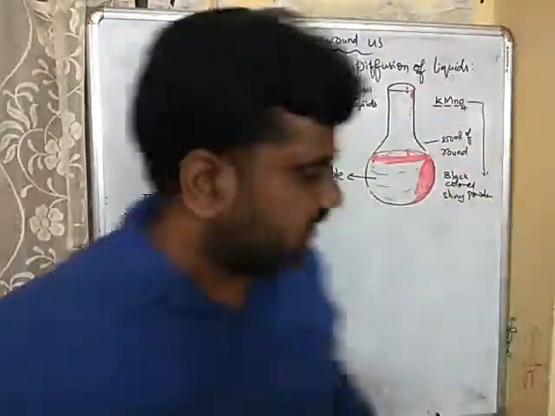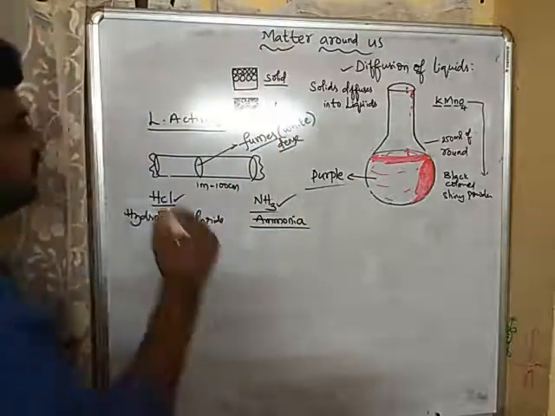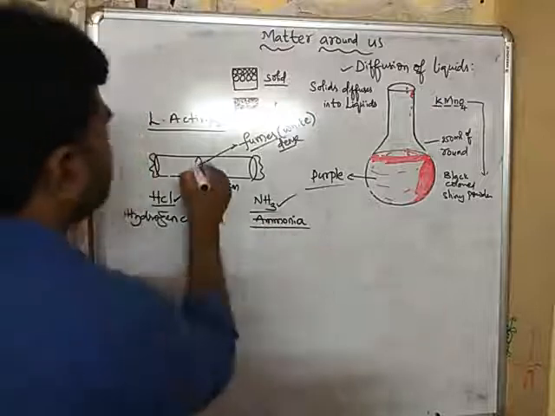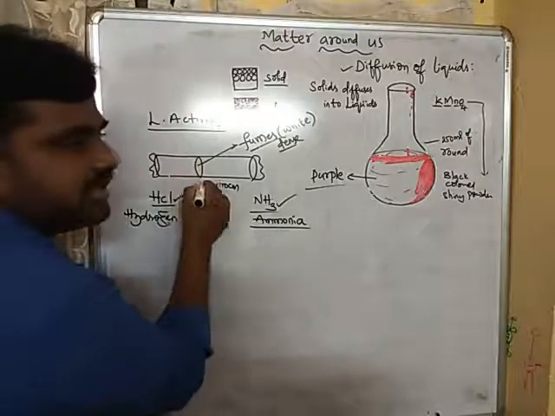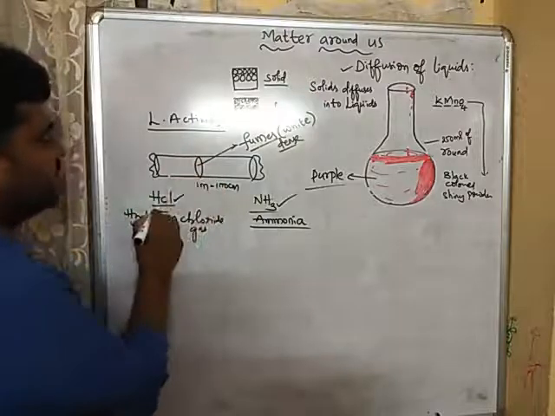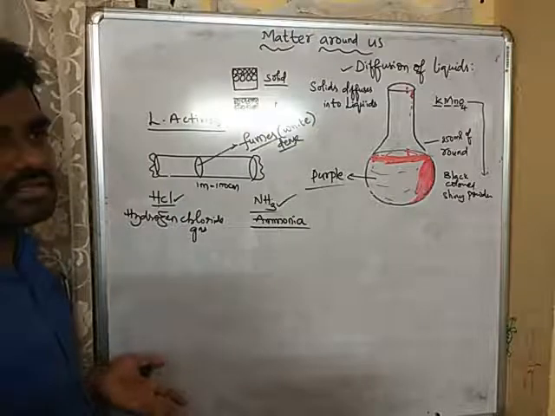But this white colored dense fume, where did it form? Or in other words, this ring like structure is nearer to which one, HCl or ammonia? How can we say this?